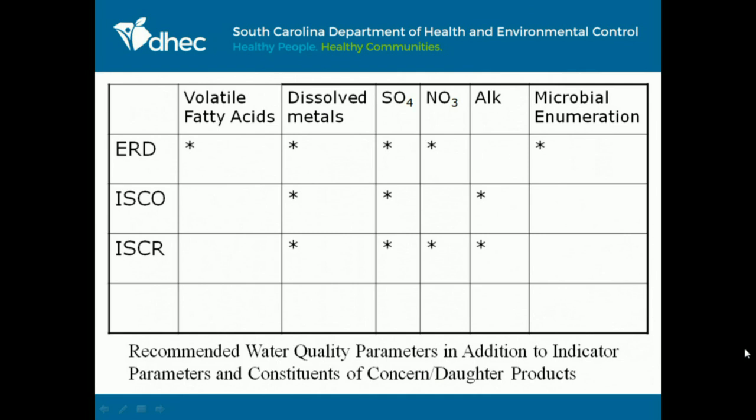There's a couple of tests now. I like the quantitative polymerase chain reaction test, QPCR is the abbreviation. You'll see that in a lot of places. There's other companies that do something called biotraps, that they set in the water and they look and see how many bugs come into those biotraps. The advantage of those tests is you can actually find out if you're missing the vinyl chloride reductase.